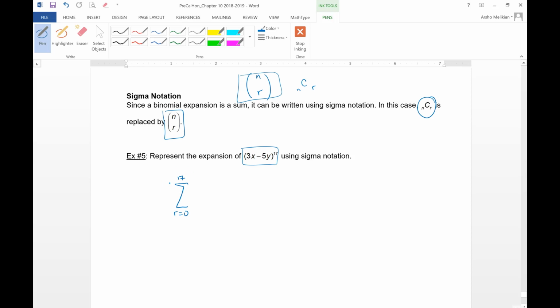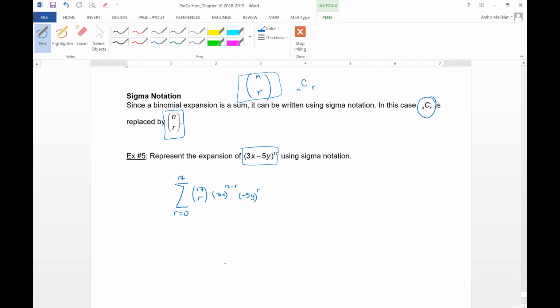And inside, what do we need? Well, we need our binomial coefficient, so n, which is 17, and r has to be a counter. And then here, we have the first term to the power of n minus r, the second term, to the power of r.